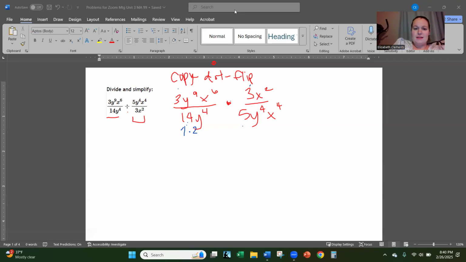I have x to the 6th here and x to the 4th down here. When I have x's in the numerator and the denominator, I'm going to subtract their exponents. So I have 6 minus 4, and I get 2. So that's going to stay on top.